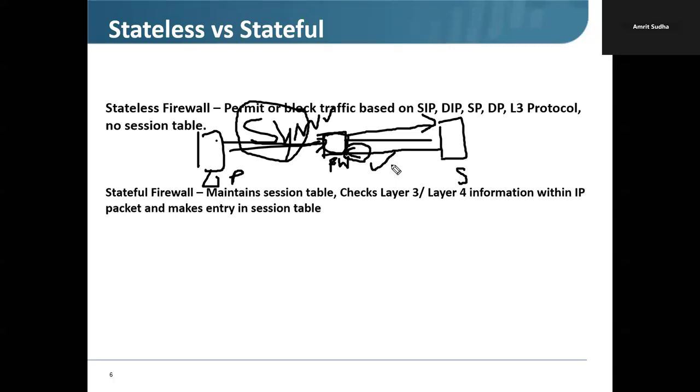If the packet matches, it will be accepted, otherwise the firewall will drop the packet. So every time it will see the session table first. We will discuss this in firewall flow logic. So suppose here the first packet is hitting the firewall.